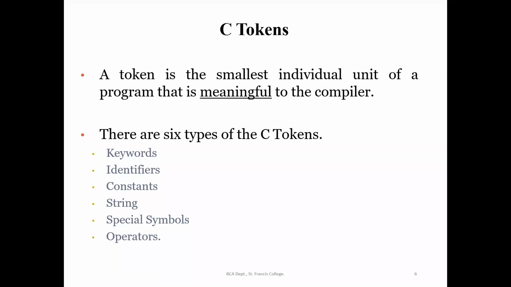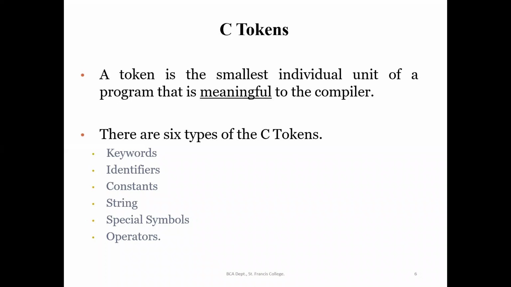So, what is a C token? The smallest individual unit of a program that is meaningful to the compiler. If you just write ABCD, the compiler will not understand. It is a command or an instruction to the compiler.